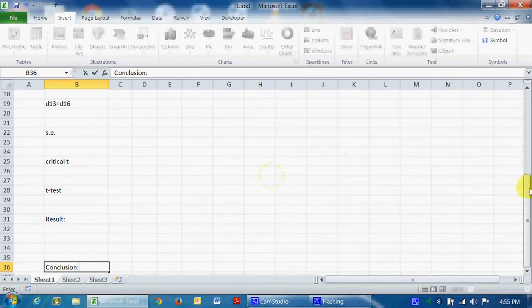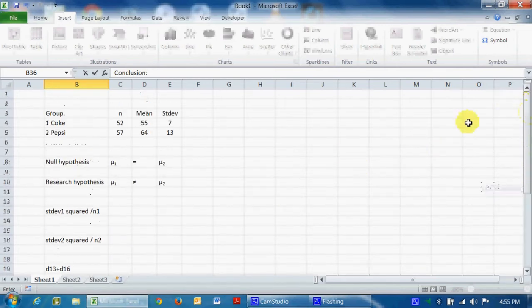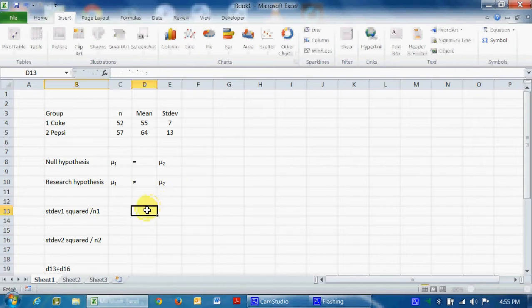Okay, now we're ready to actually enter in the formulas. I'm going to go into column D, and we're going to go equals, open parentheses, E4, so the standard deviation of 1. So this is the standard deviation of group 1, E4 to the power of 2, which is squared, and that is going to be shift 6, 2.